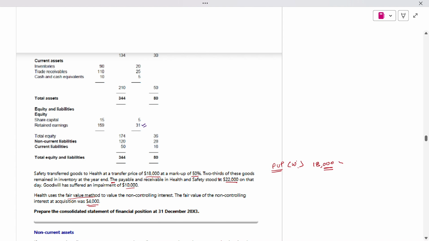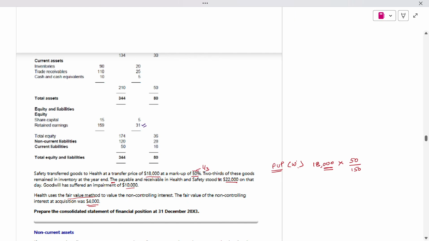Okay. How much is the markup? How much are they adding as profit? 50%. 50% means 50 by 150. See, this is the shortest route. If the markup is 50% means 1 by 3.